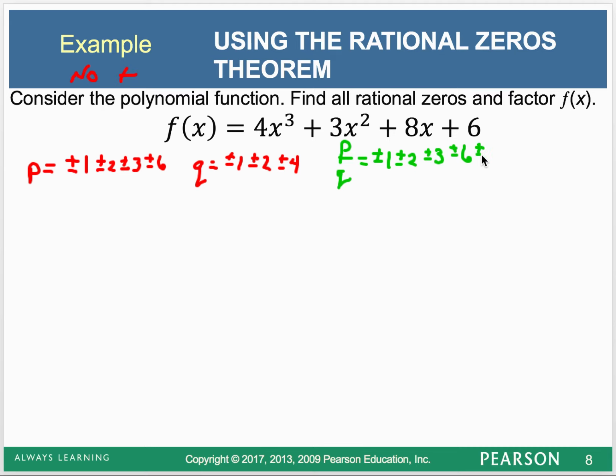So we get 1/2. 2 divided by 2 is 1. It's already listed there. 3/2. 6/2 is 3. I already have that listed. So 1/4. 2/4 is already listed. 3/4. And 6/4 is 3/2.